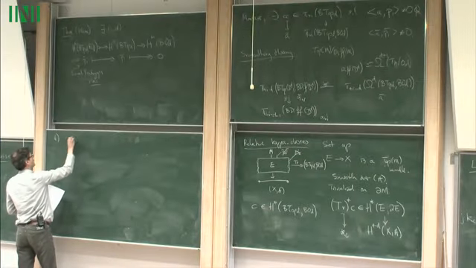So let's remember that we have extension gives us a map of pairs.